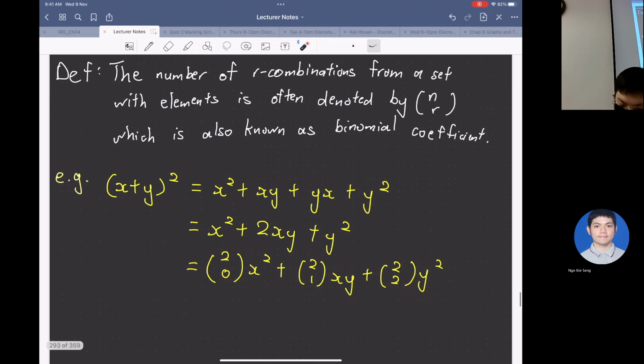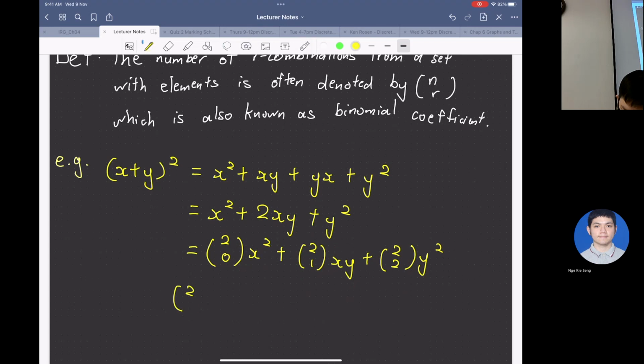In this case, (2,0) is 1, (2,1) is 2, and (2,2) is 1.